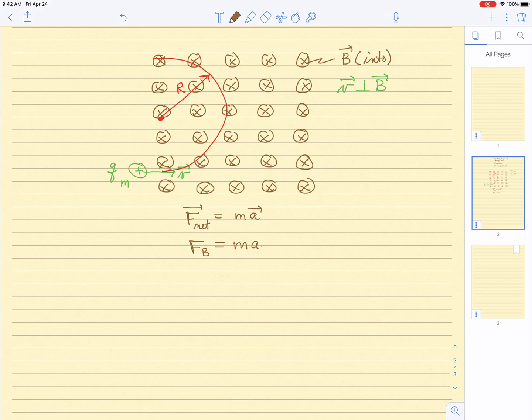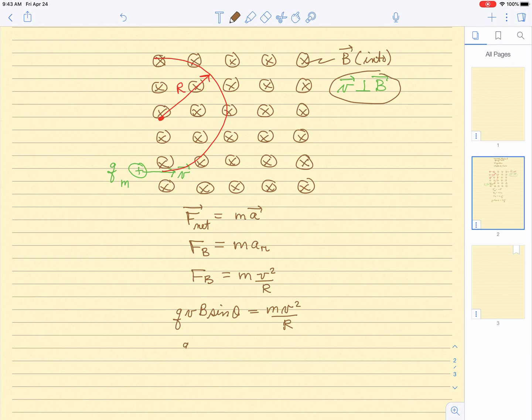And so that's going to be radial or centripetal acceleration. The radial acceleration is v squared over r, the radius. The magnitude of the force is going to be qvB sine theta. Theta is 90 degrees in this case by virtue of v being perpendicular to B.